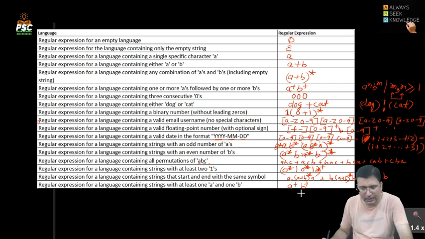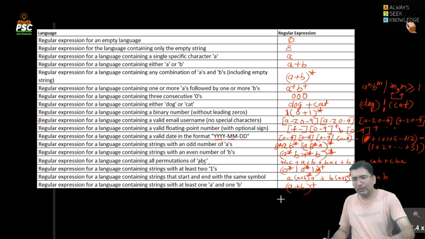If you don't want to write like this, then there's another way also. You can write either A or B, positive closure. So it will ensure at least one A or one B, but here it is 'and', so we need to restrict that. At least one A should occur and one B should occur, so both should occur.